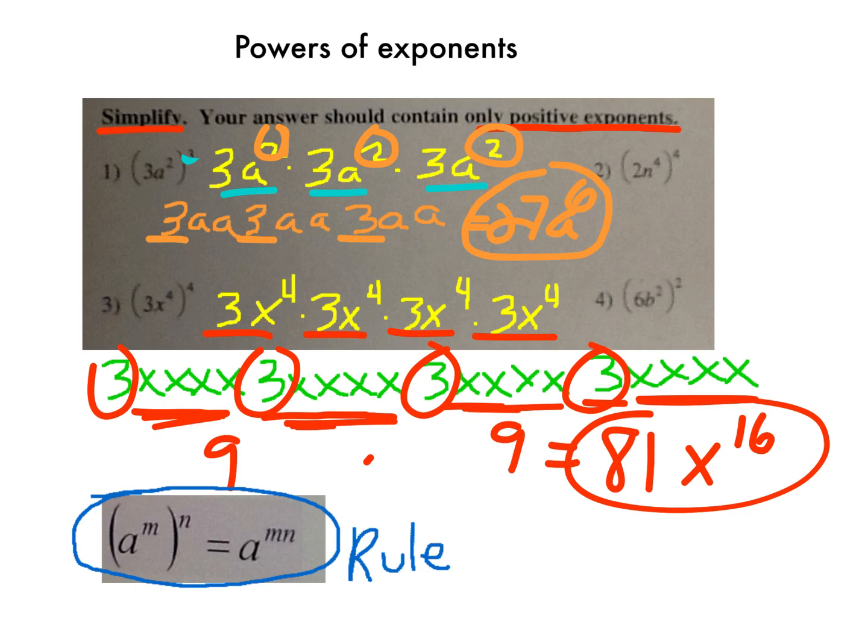So if I write that out, that could be 3 to the 3rd power and a to the 6th, which means 3 times 3 times 3 and a to the 6th. And if I look at the bottom example, here I have 4 times 4, which is 16, and this is 3 to the 4th power, which is 3 times 3 times 3 times 3.